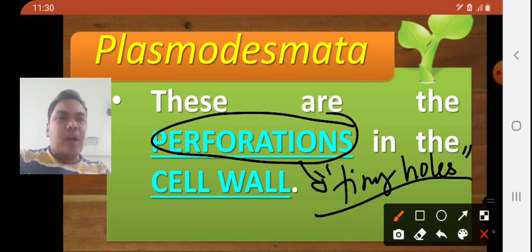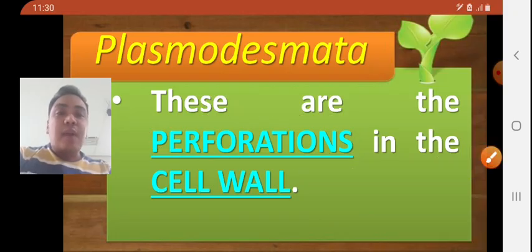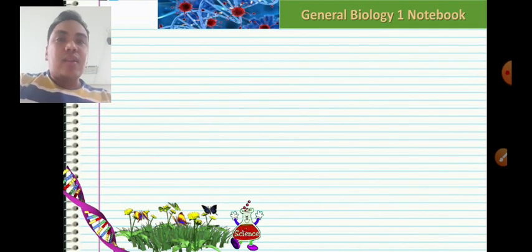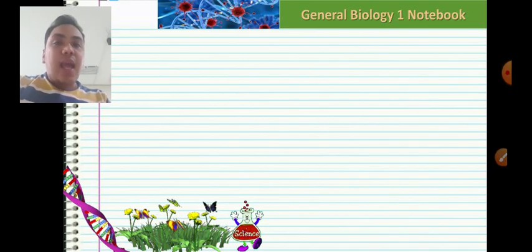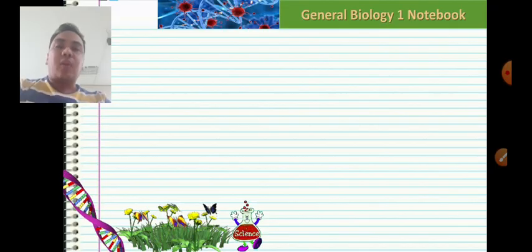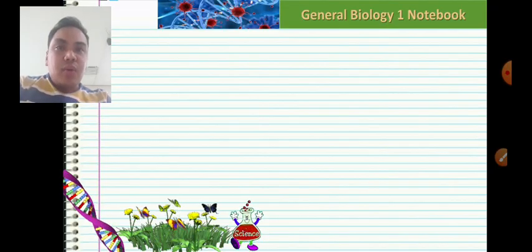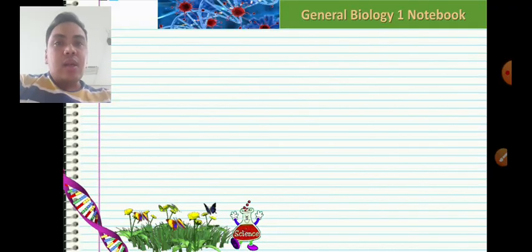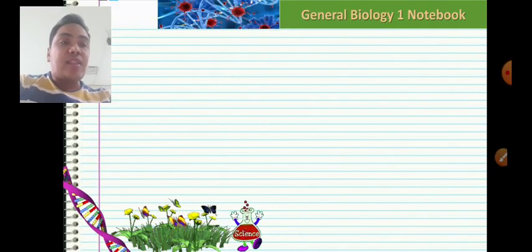And let's try to figure out what its important function is among plant cells by using the following illustration. So let's focus on the illustration that we can perform in this lecture. Okay, so let me show you a simple diagram to show the function of the plasmodesmata.